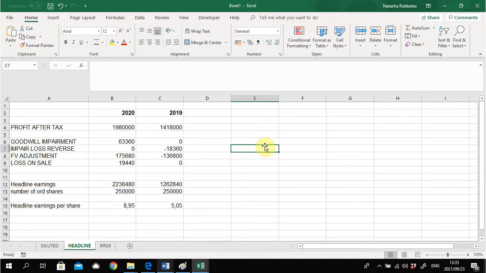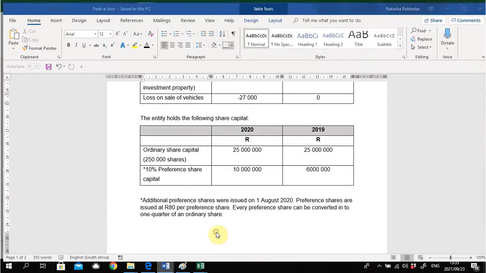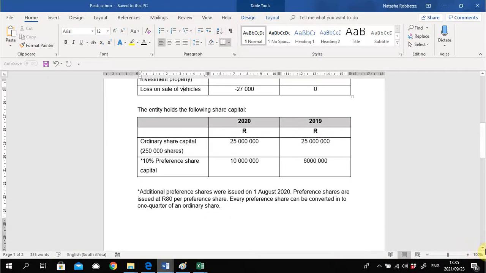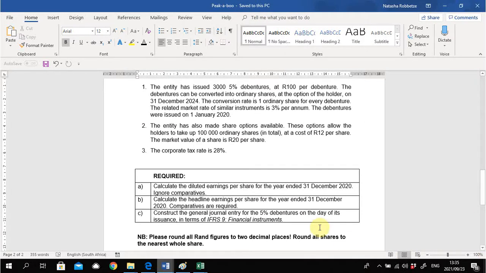Then for the IFRS 9, which is the required C, they ask us to complete the journal entry on the day that the debentures are issued. So we've already done the calculation, right?